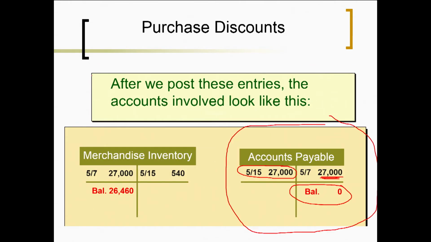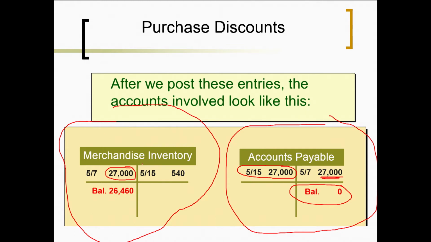Now let's look over here at the merchandise inventory. We originally debited merchandise inventory for $27,000, right? But that's not what we paid for it. So that right there is a violation of the cost principle. Because if we didn't do it like that, we would have recorded merchandise inventory at $27,000, which is more than what we paid for it.